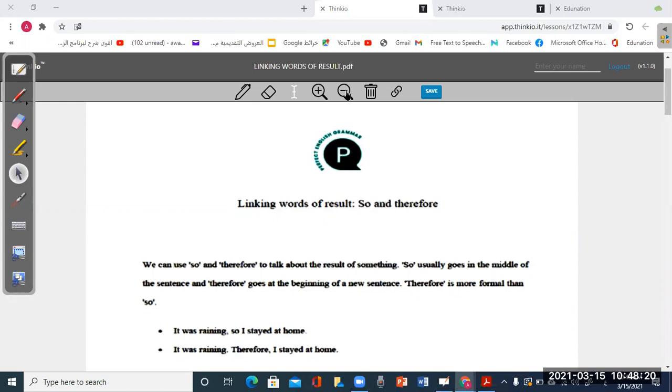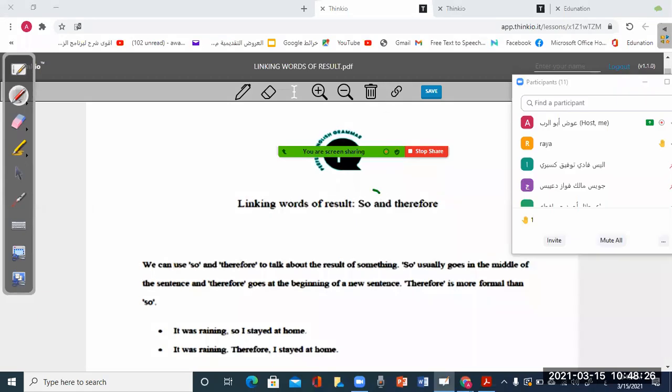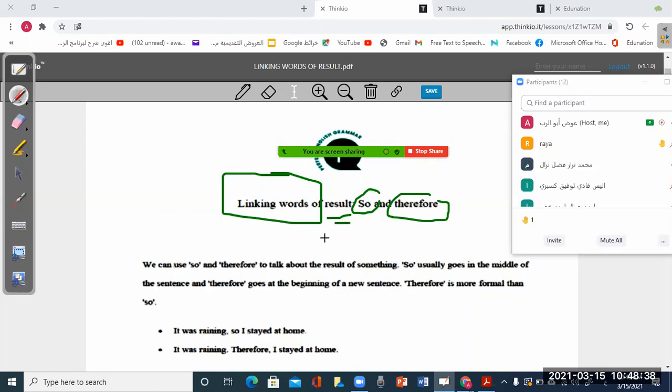Can you see that it's going to talk about 2 things? So and therefore. Now, these are called linking words. Now, what do they talk about? Result only. So, linking words of result.